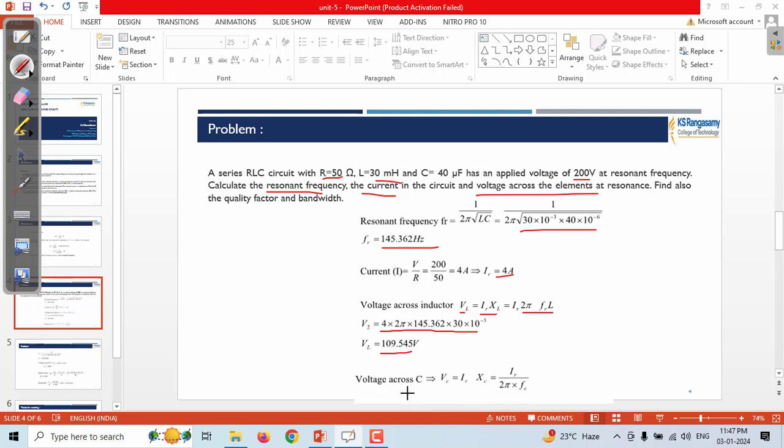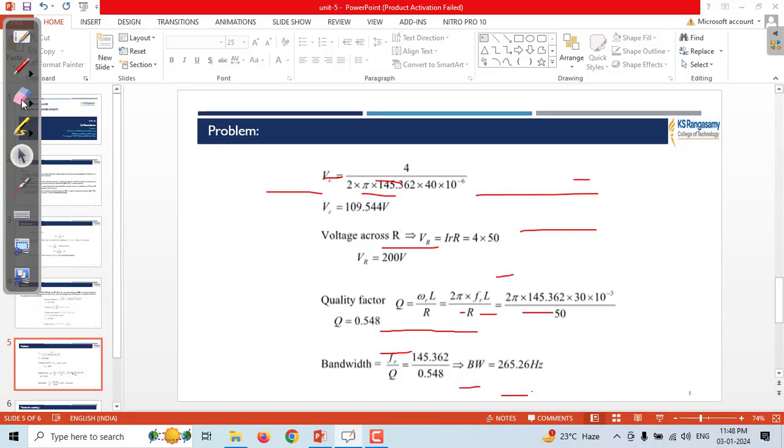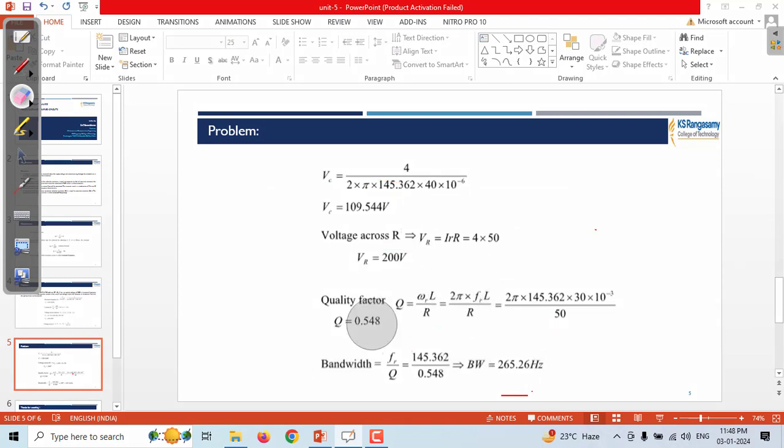Like that, the voltage across the capacitance, VC, equals I into XC, where XC is 1 by 2 pi f C. So VC equals I by 2 pi f C. We calculated I as 4 amps and f as 145 hertz, the resonant frequency. So VC is 4 divided by 2 pi f into the C value.